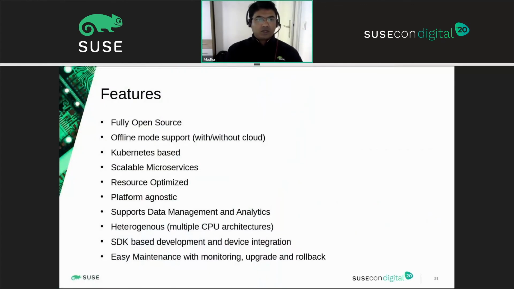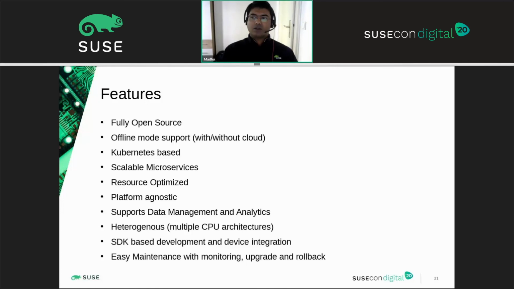So here are a few features. It's fully open source, offline mode support, scalable. It is apparently resource optimized, platform agnostic. You can run it on ARM or x86 kind of architecture, so it's heterogeneous in terms of CPU architectures.